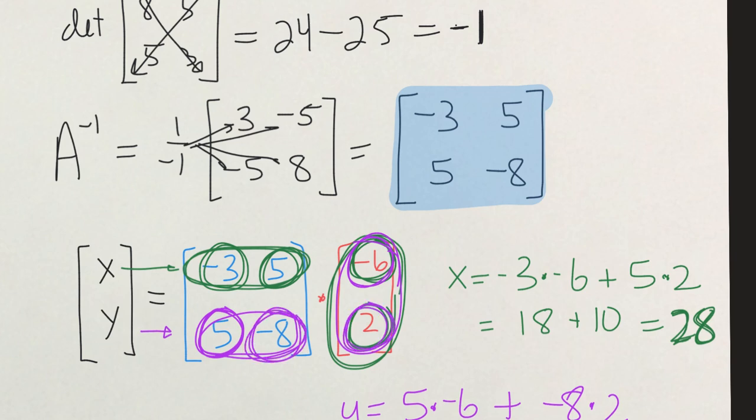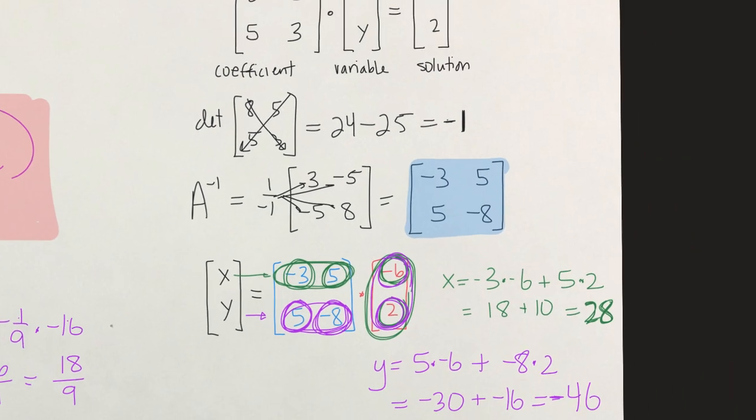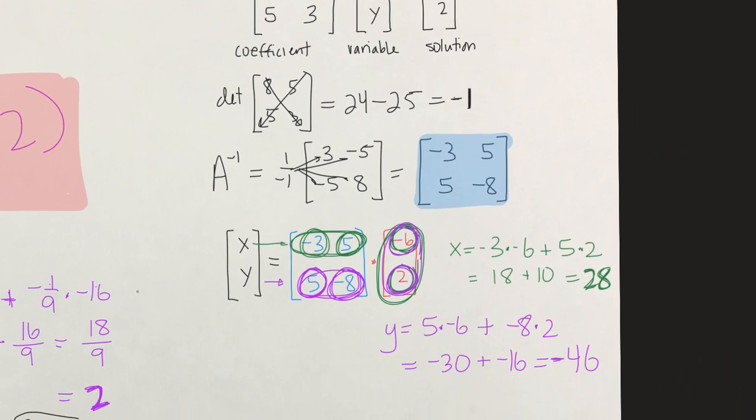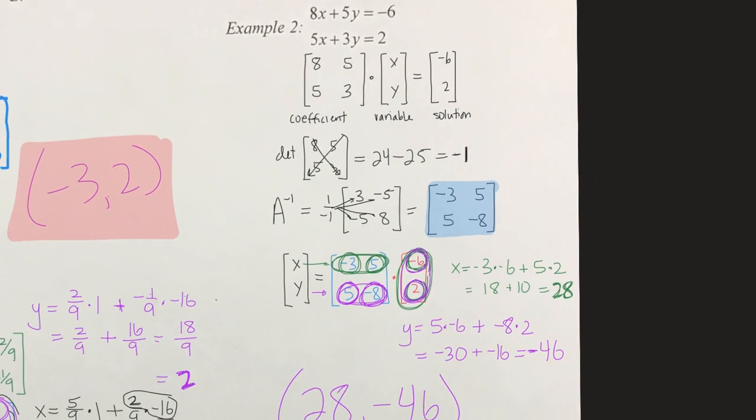We're always adding them together. -30 plus -16 is -46. So the solution to this system is an x value of 28 and a y value of -46.